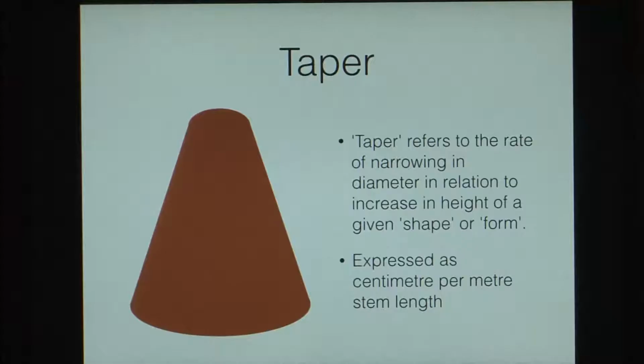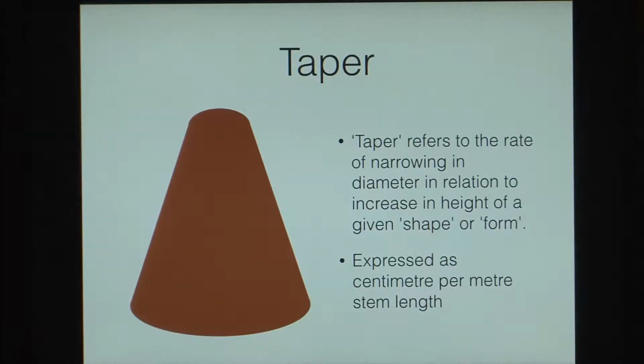So, what is a taper? A taper refers to the rate of narrowing in the diameter of a tree when you go from its bottom part to its topmost part. It is expressed as centimeter per meter of the stem length.